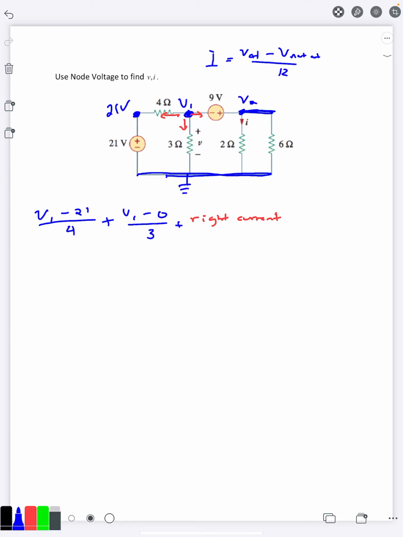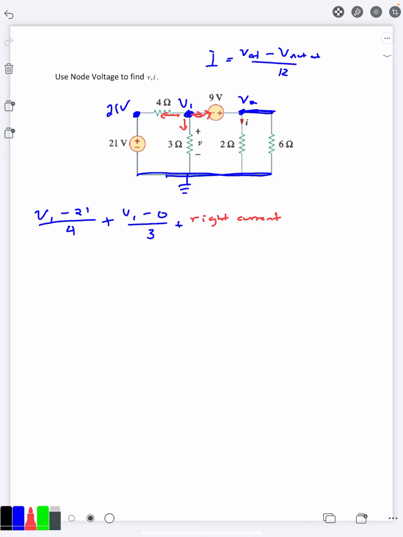But the problem is here, this current that is going right, I cannot use Ohm's law to find it. The reason is because it's not a resistor. There is no nice formula that's going to tell you what the current is when you have a voltage source. We only have this nice formula that tells you what the current is when you have a resistor.